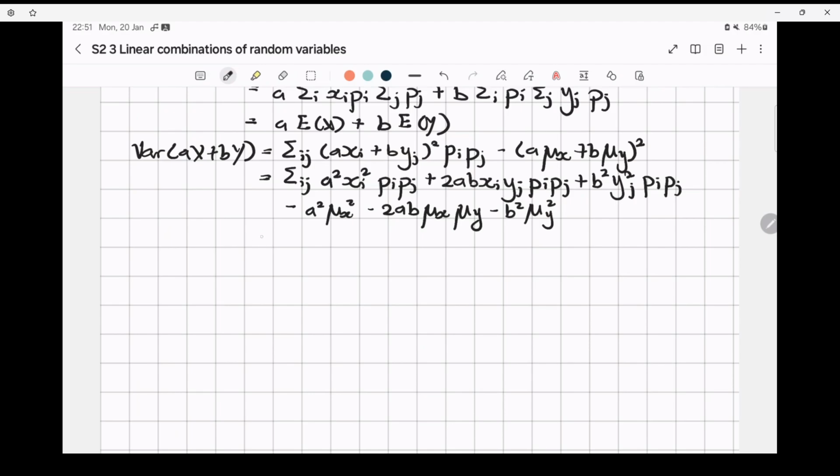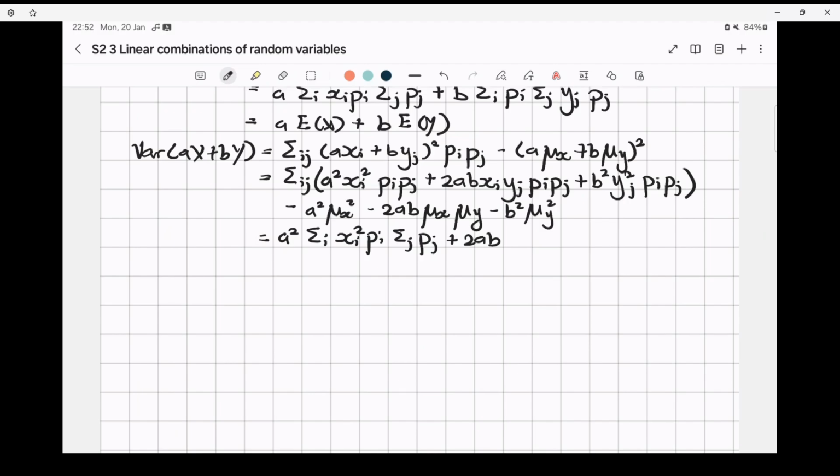Now the next thing that you need to do is to separate out the summation. You have a squared, sum of i xi squared pi, and then you have sum of j pj. Then the next one will be 2ab. Okay, I should add the bracket.